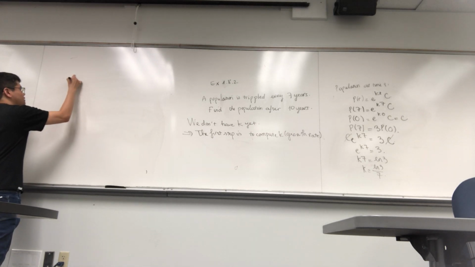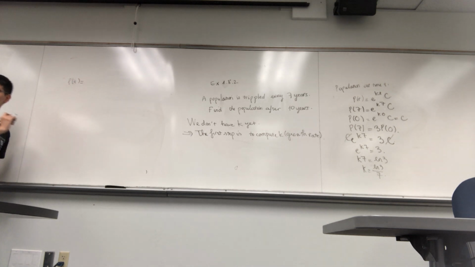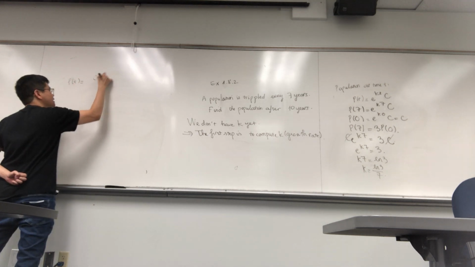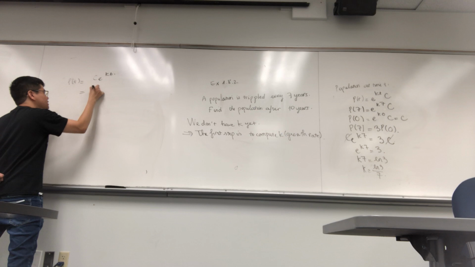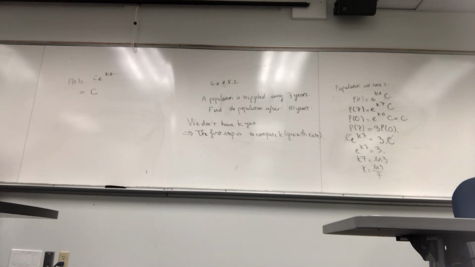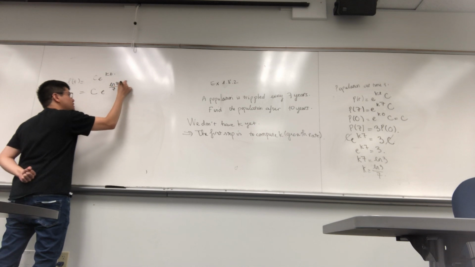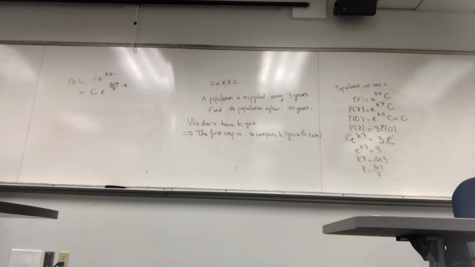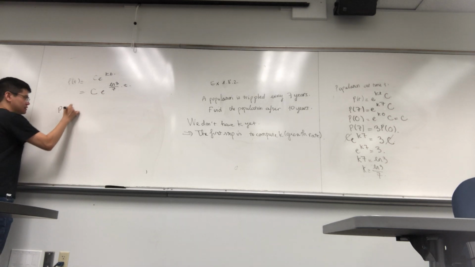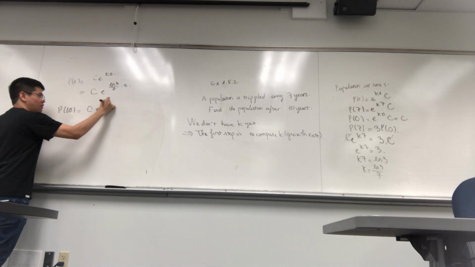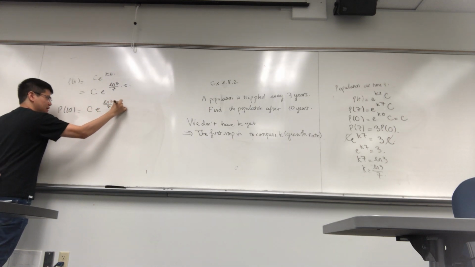You have P(t) will be c e to the kt. All right, so here you found k already. So it will be e to the log 3 over 7 times t. All right? So P10 will be e to the log 3 over 7 times 10.